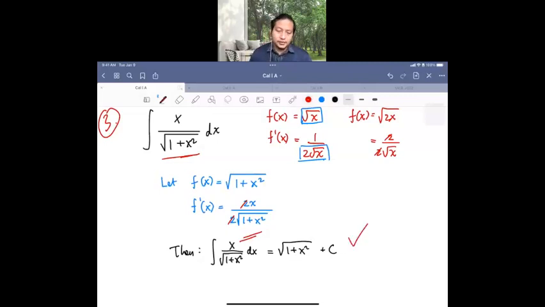And this is correct. Okay. This is called the advanced guessing method. And it's not stated in the textbook, so I think it's important for you.